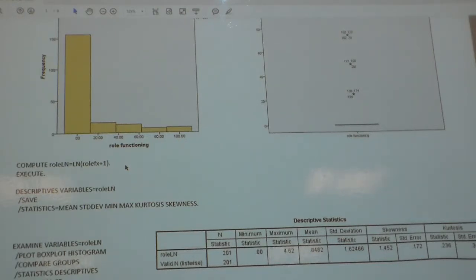And that becomes better. Yeah, improved considerably, right? My kurtosis went from 4 something to 0.2. My skew went from 2.3 down to 1.4, 1.5, right?